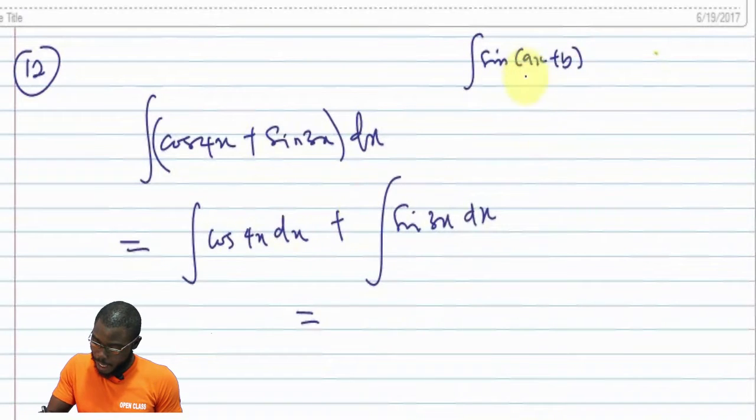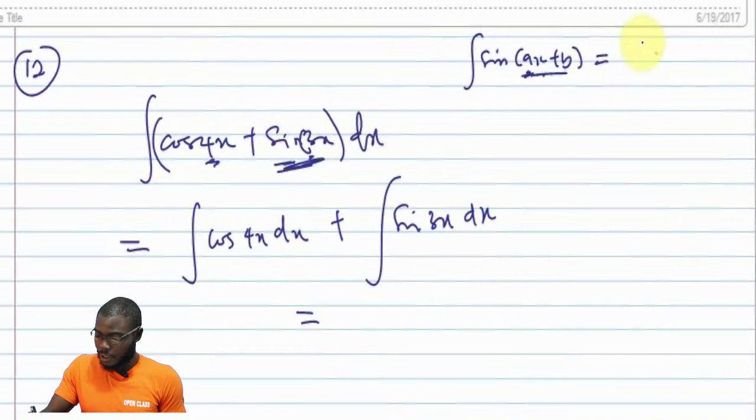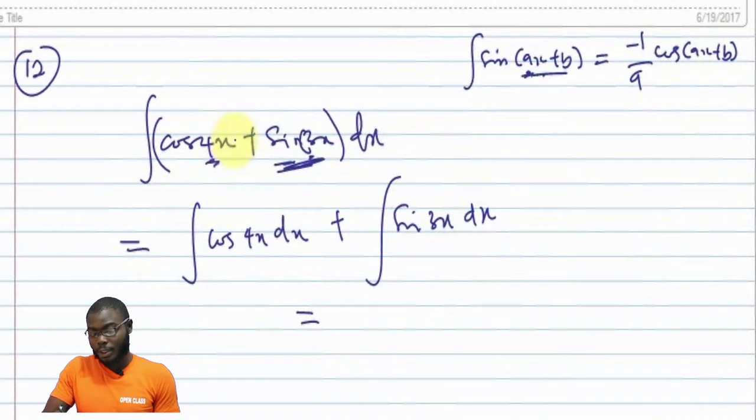In this case there's no b because there's no constant beside the 4x or the 3x, so b is 0.